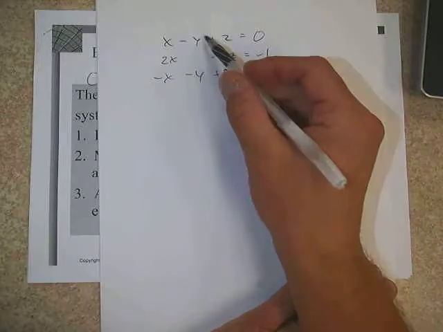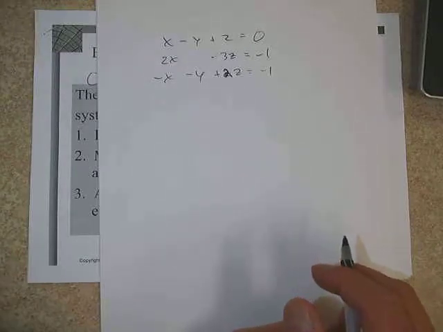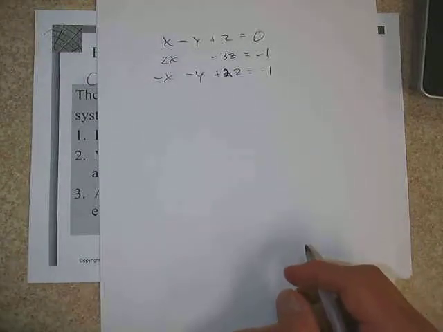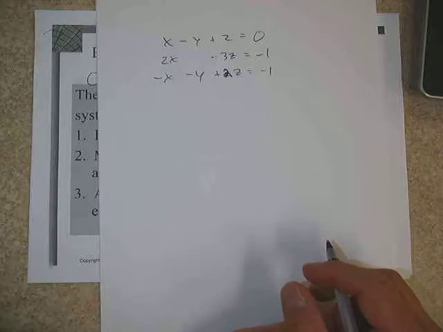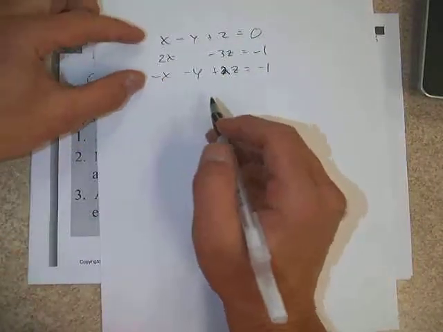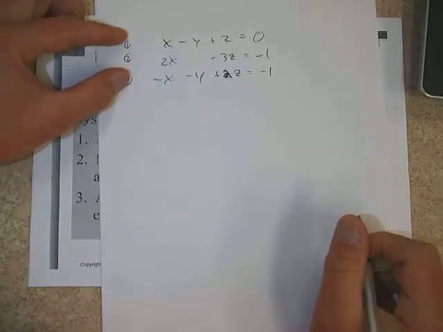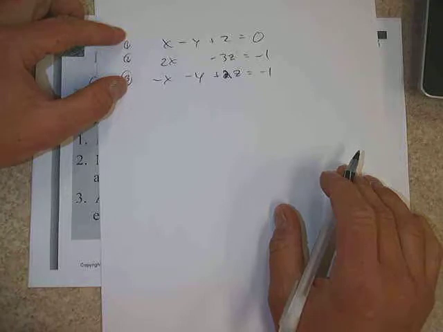Now, if our job is to solve this system, one thing to notice is that number 2 already doesn't have a y in it. So if we were to take these two and eliminate the y, we would have another equation that has an x and a z only.